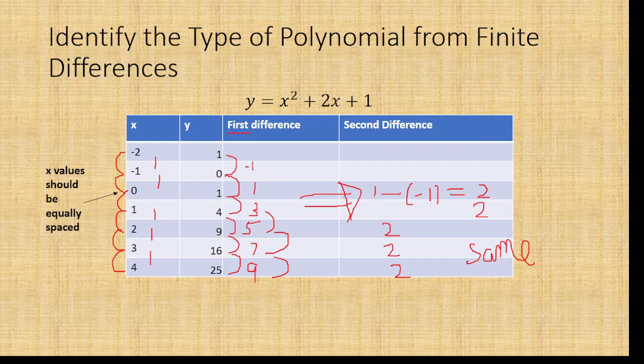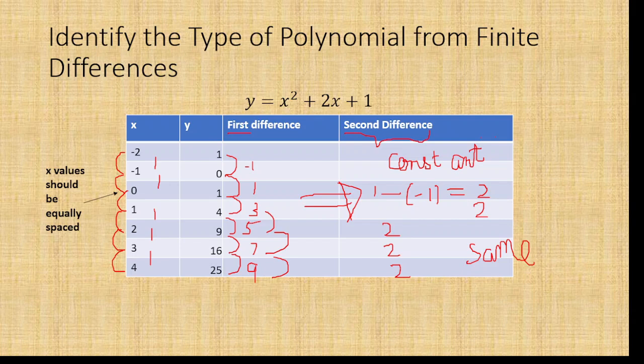When we find a difference in which all values come out the same, we stop the process. So what we conclude here is that this second difference is constant.